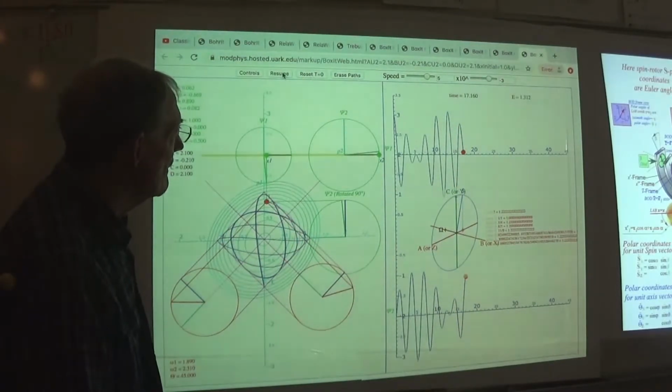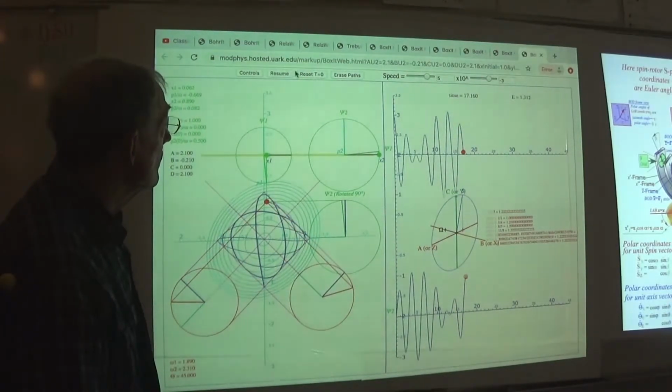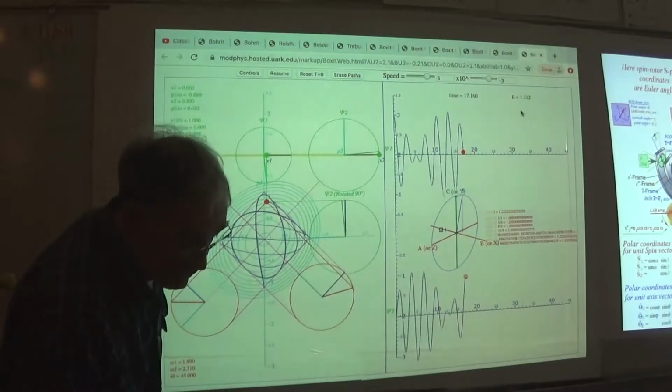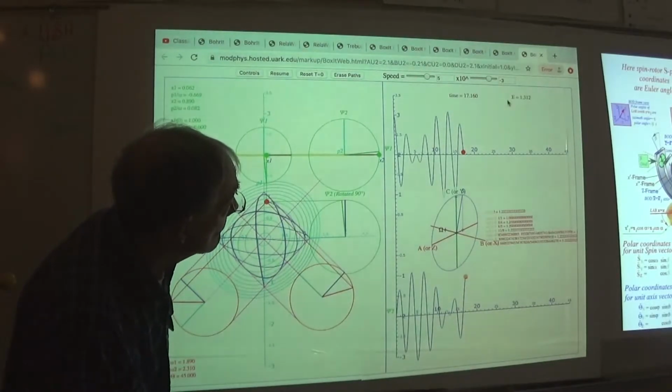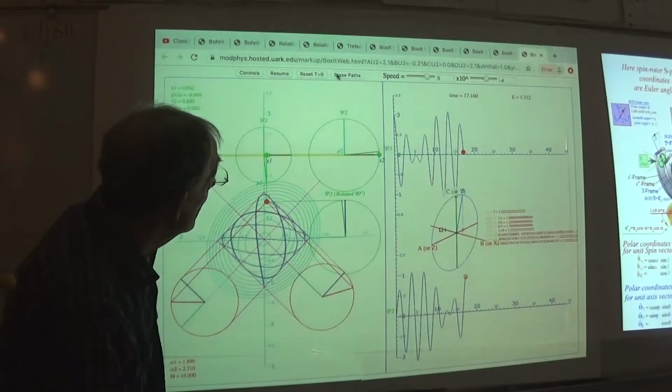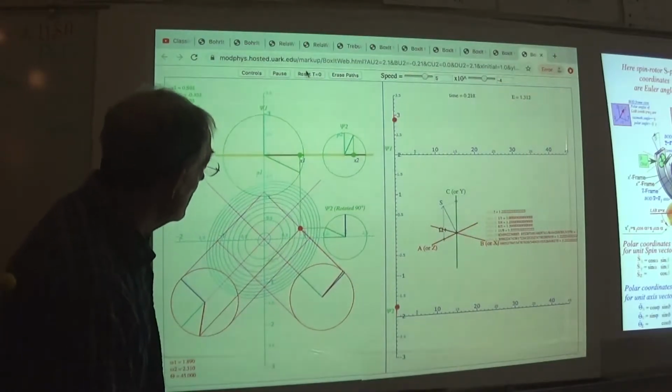Ooh, I missed it. Let me go ahead and reset t equals 0. I'm going to do something else here because it really would help to see this in slow motion. Okay, so I'm going to slow-mo this by making it 10 to the minus 4. I'm going to erase the paths, reset, t equals 0.